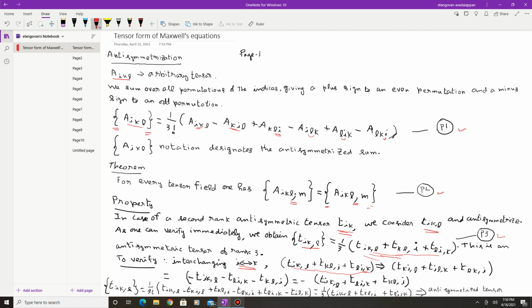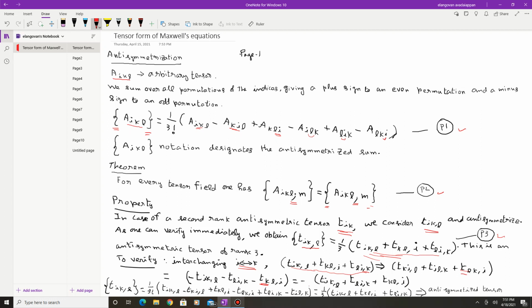So the first term becomes minus T_ik comma l, and interchanging i and l in the second term and l and k in the third term, you get a minus of this expression.